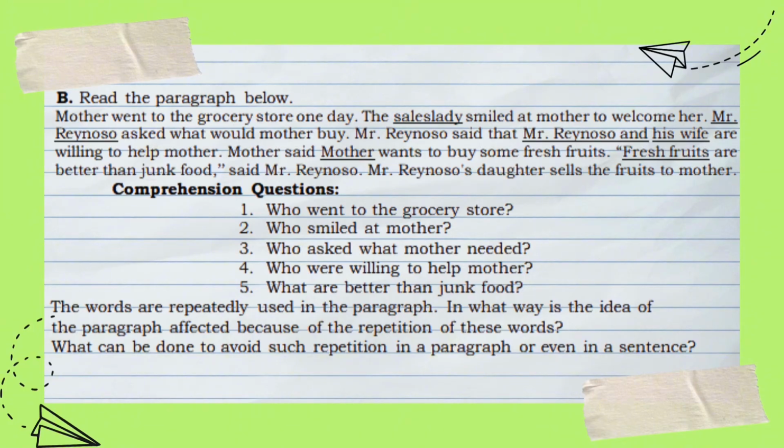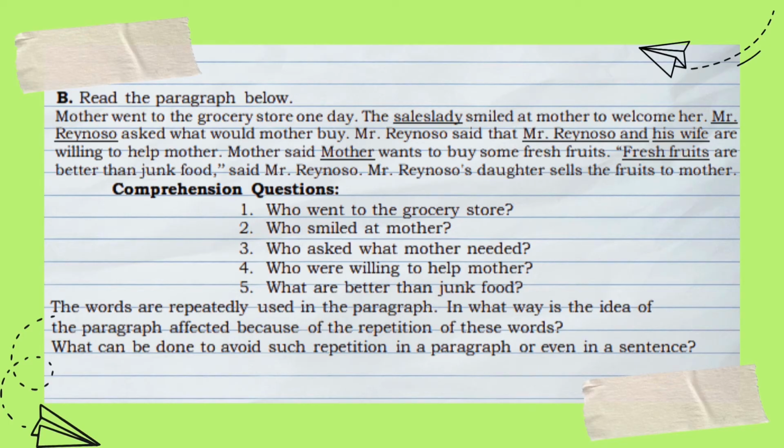In what way is the idea of the paragraph affected? Because of the repetition of these words. What can be done to avoid such repetition in a paragraph or even a sentence? If we repeatedly say the names of persons in one paragraph, sometimes it causes confusion.